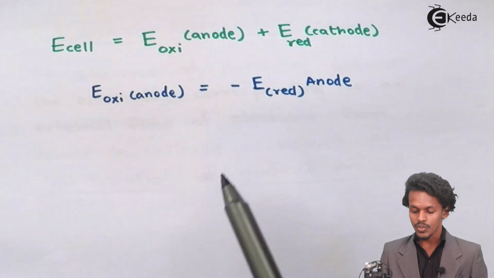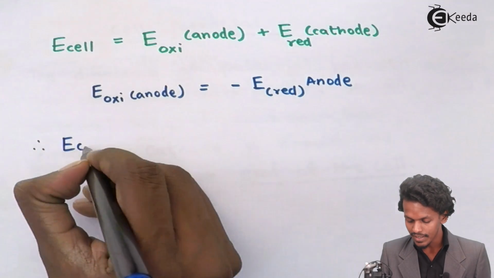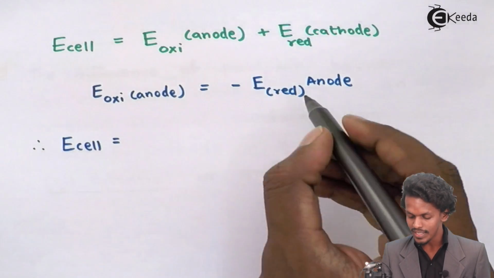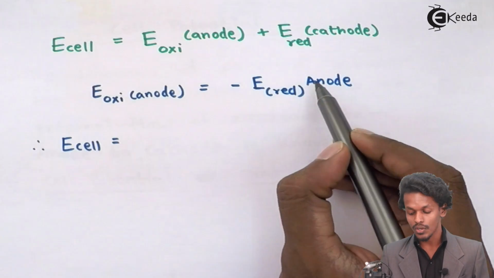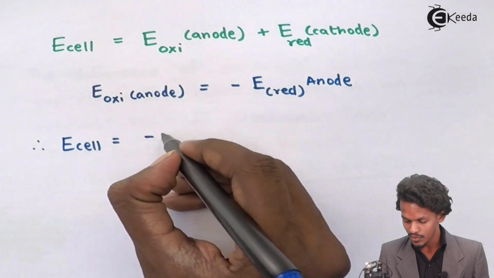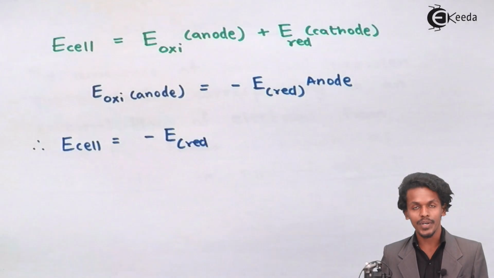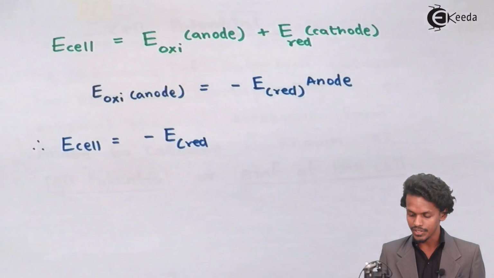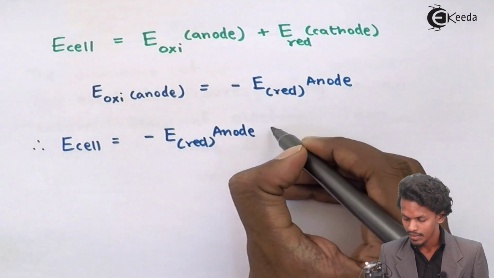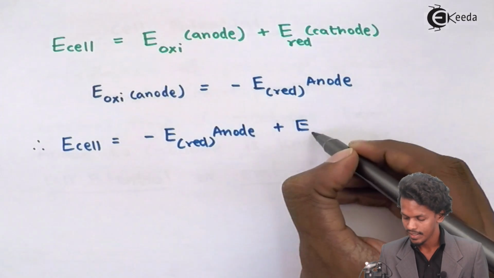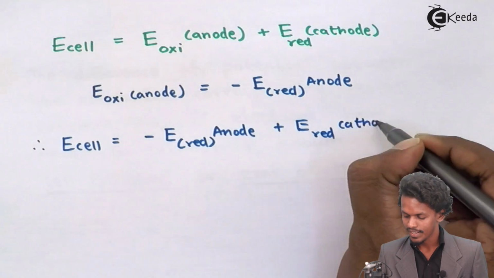So this can be written as E cell equals, instead of oxidation at anode, minus E reduction at anode, plus the reduction potential of a particular cathode.